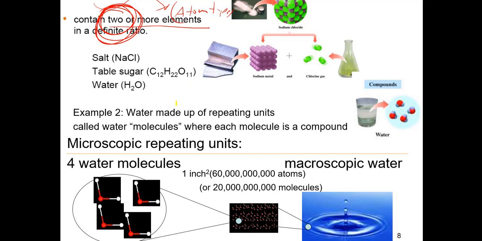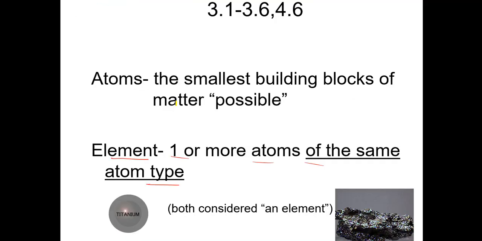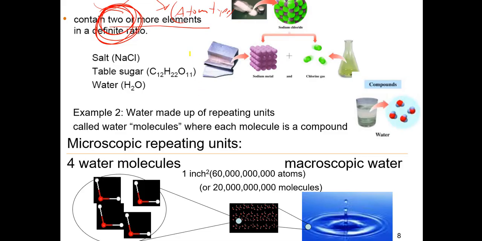That means atom types. So same atom type for element, two or more atom types for a compound. Another way of thinking of this is if they have different atom types. An element is another word for atom types. I beat that to death.